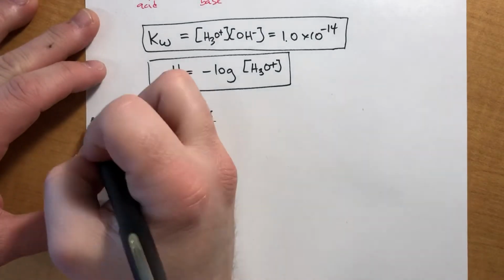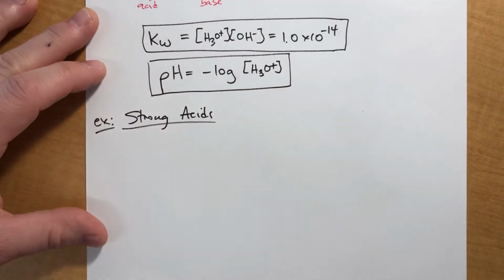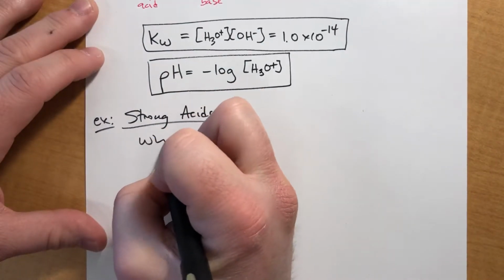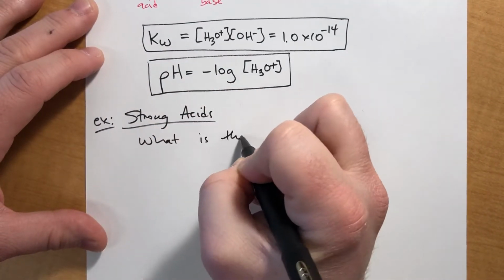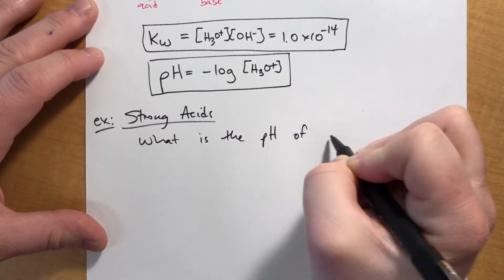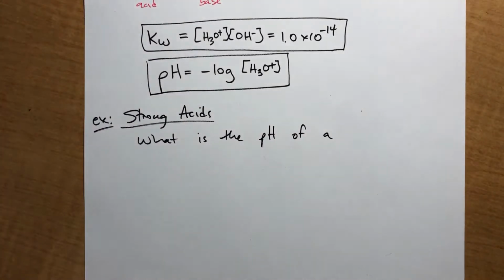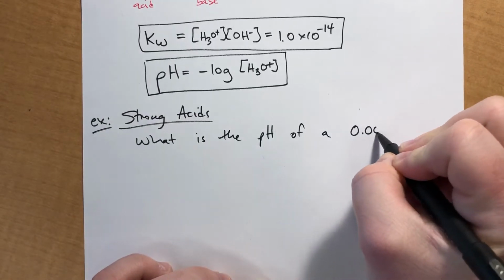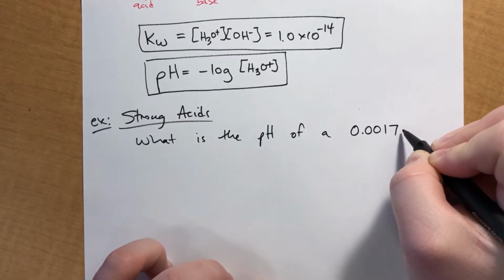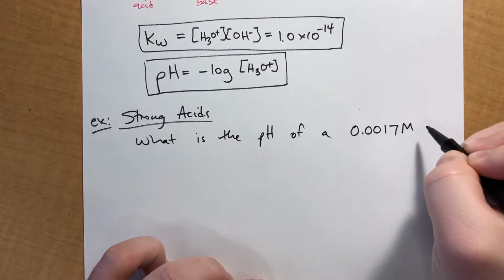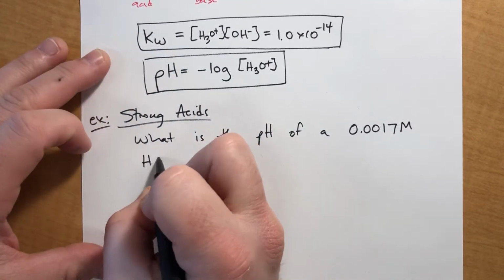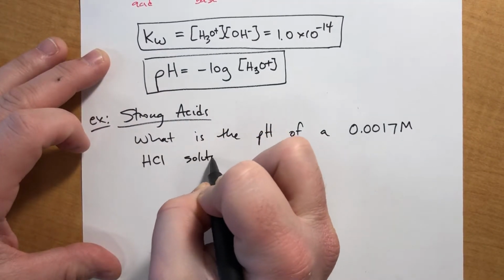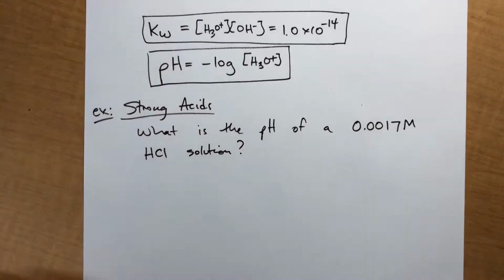Let's try an example. So we want to know what is the pH of a, I'll just make up a number, 0.0017 molar HCl solution. Okay.